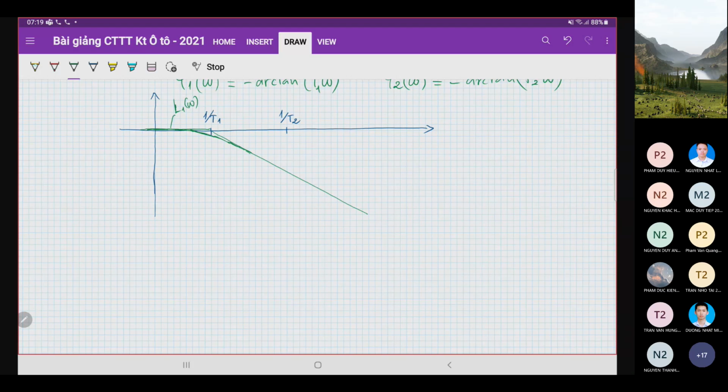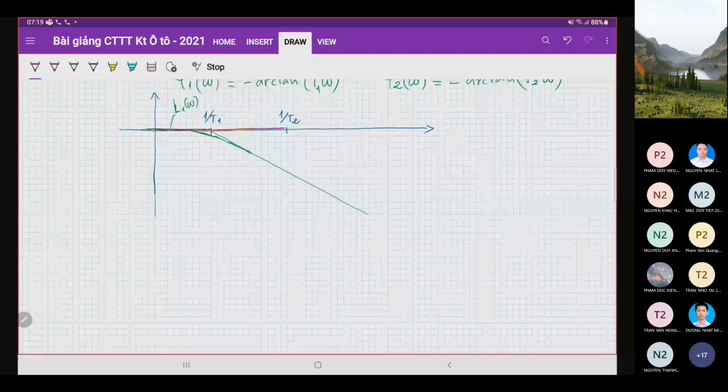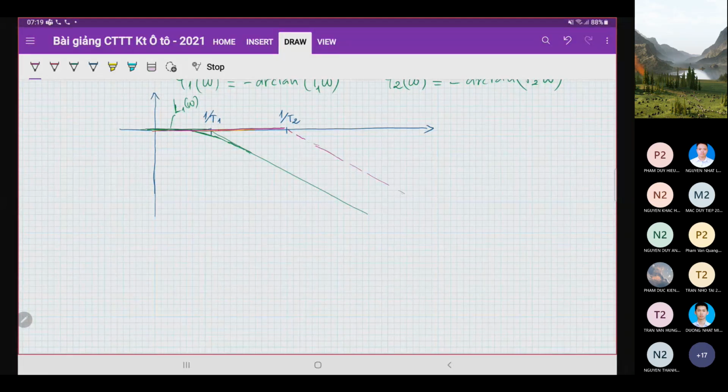Okay, and the second one will be the same here. This color is hard to see. So the second one we have here, with the same angle and the minus 20 decibel per decade.